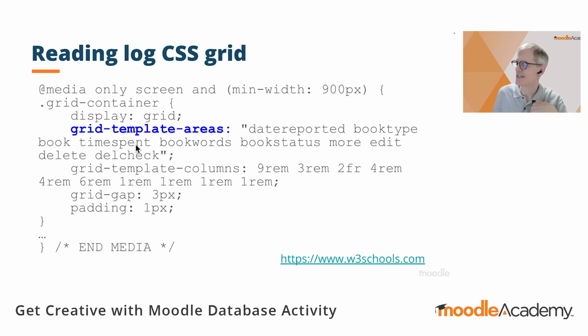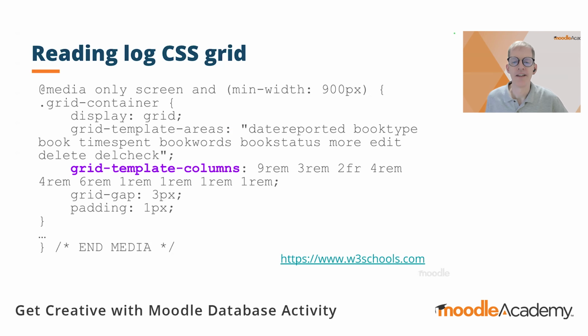This will be the number of minutes they spend reading. This is the number of words in the book, status. Plus, I left some space for some of the system fields like the more button, the edit button, the delete, and a checkbox for making multiple selections if you happen to want to delete entries in bulk. Okay, so these are just areas that I laid out in CSS. Okay, I'm going a little bit along here, so just try to follow along with me if you can.